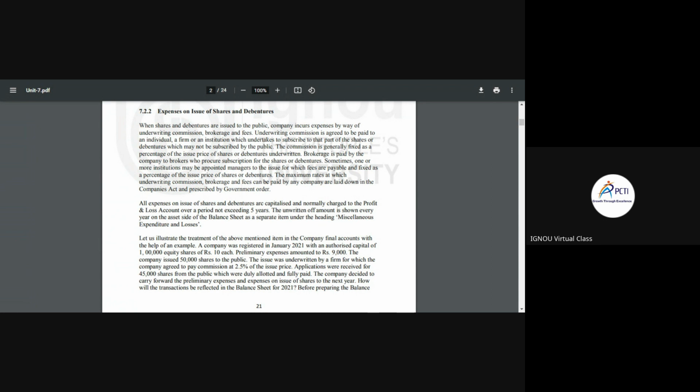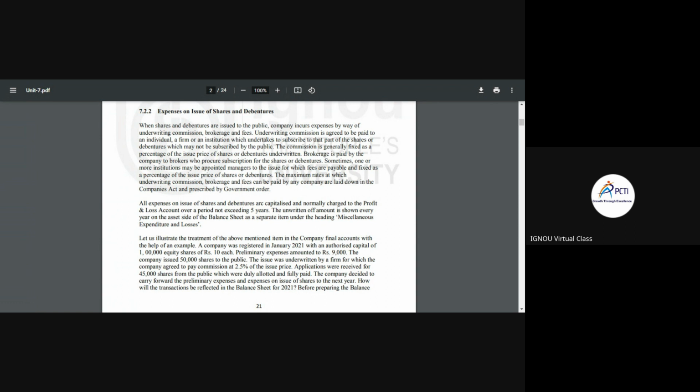If we are talking about brokerage, it will be paid to the institution, maybe a manager appointed to the issue, for which fees are payable and fixed as a percentage of the issue price of the shares or debentures. The maximum rates at which underwriting commission and brokerage fees can be paid by any company are laid down in the Companies Act and prescribed by a government order.